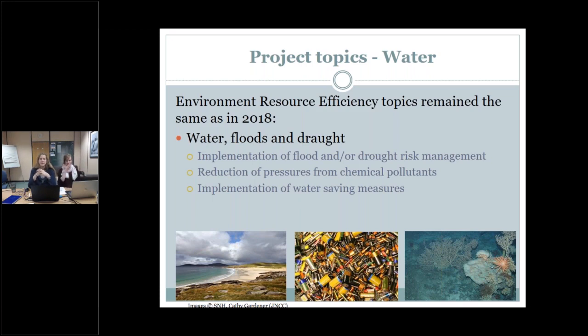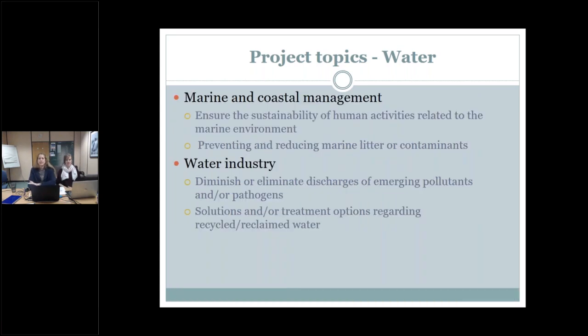For example, under the water heading, the Commission is encouraging projects that address flood and drought risk management, reducing pressures from chemical pollutants, and implementing water saving measures. Under the marine and coastal management topics, projects should focus on the sustainability of human activities and preventing marine litter.